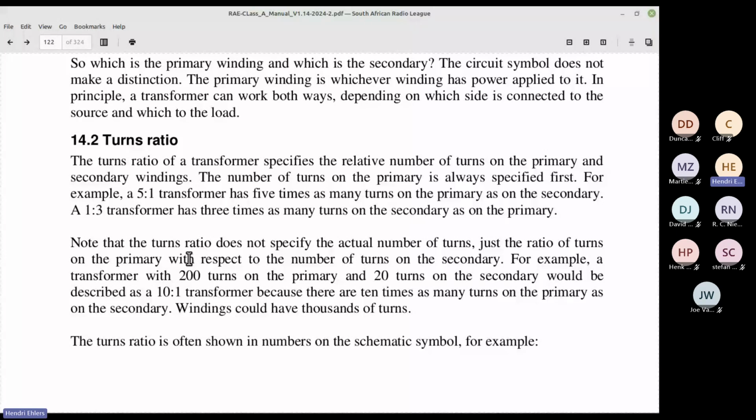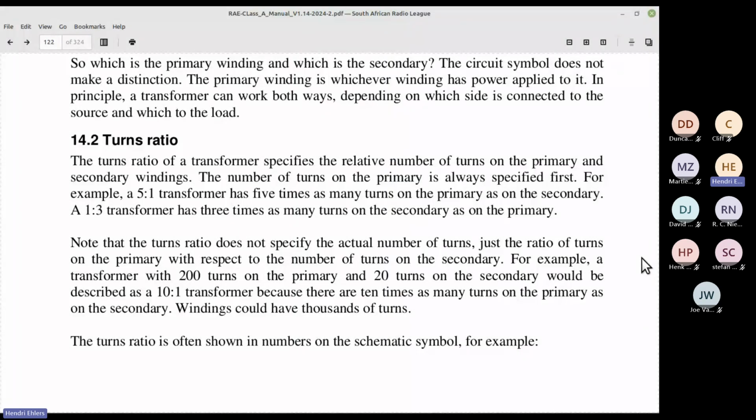And here they say, note that the turns ratio does not specify the actual number of turns, just the ratio of turns on the primary with respect to the number of turns on the secondary. For example, a transformer with 200 turns on the primary side and 20 turns on the secondary side would be described as a 10-to-1 transformer.